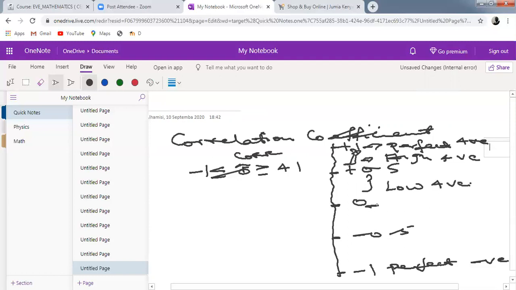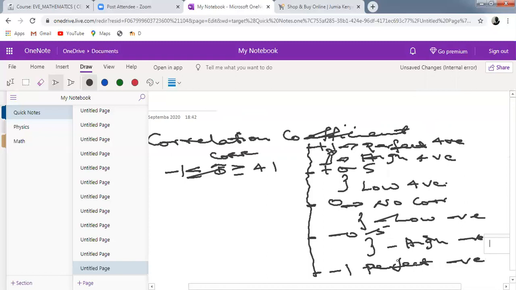When we have 0 here, this simply means there is no correlation. This region here is low negative. This region here is high negative, and we go to the perfect negative like that. So this is actually how we can get the correlation coefficient.